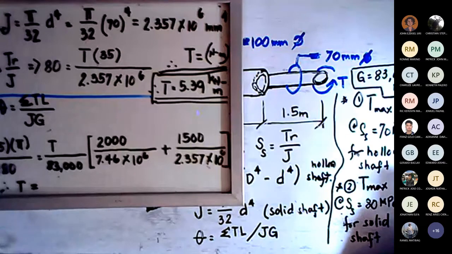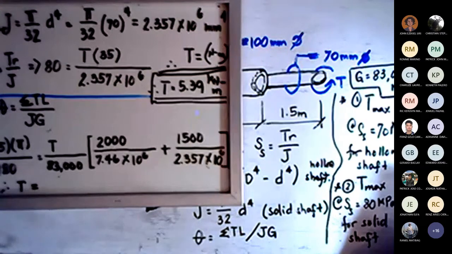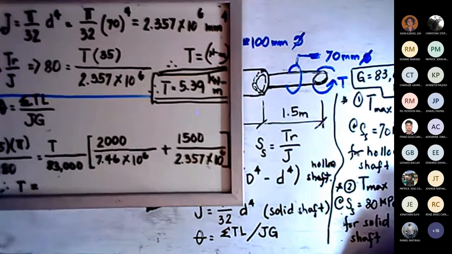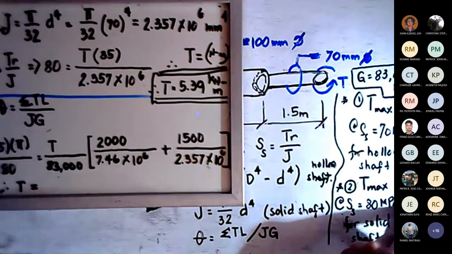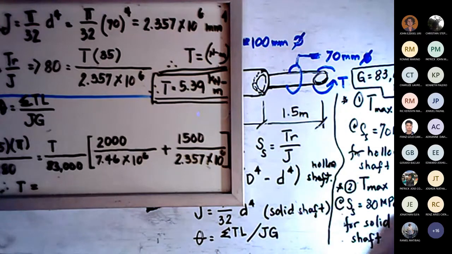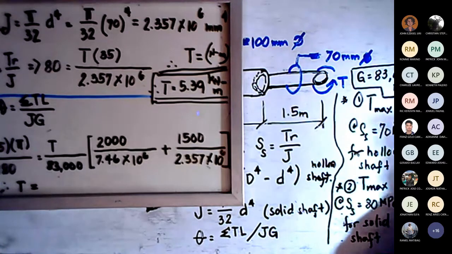Times pi. Times 2.5. Divided by 180. Divided by 1,000. So, actually, ang lumabas is 40. Yung answer natin kanina. Nawala ang answer ko. Ulit.